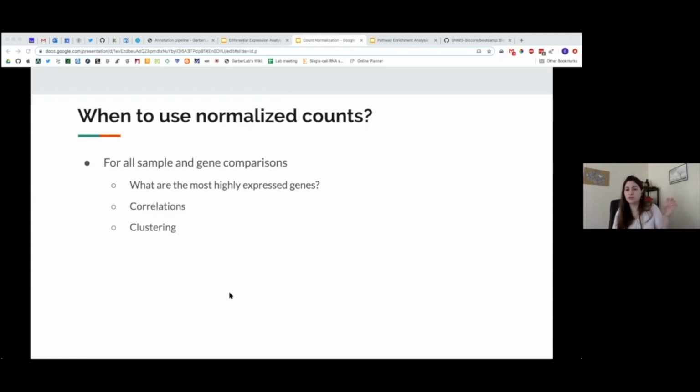You need to be able to account for the different library depth and the different length of the genes. For making the heat maps that you guys will see before, if you do it with unnormalized counts, you will actually see only a red blob and it's not really going to be informative. But when you normalize, you correct for the library depth and for the transcript length, and you can actually see differences across genes.